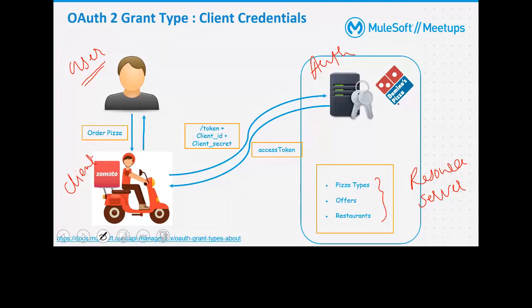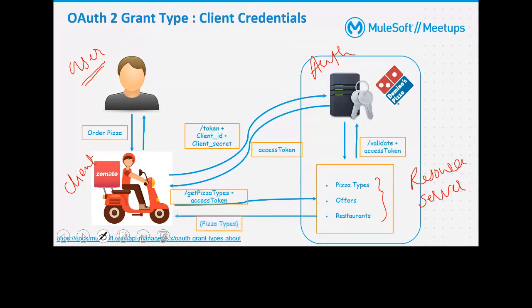So it gets verified in the auth server, and then it says get pizza types. That access token will get validated here, and you will get all the pizza types in Zomato. So this is the last grant. We have authorization code grant type, implicit, resource owner password, and client credential.